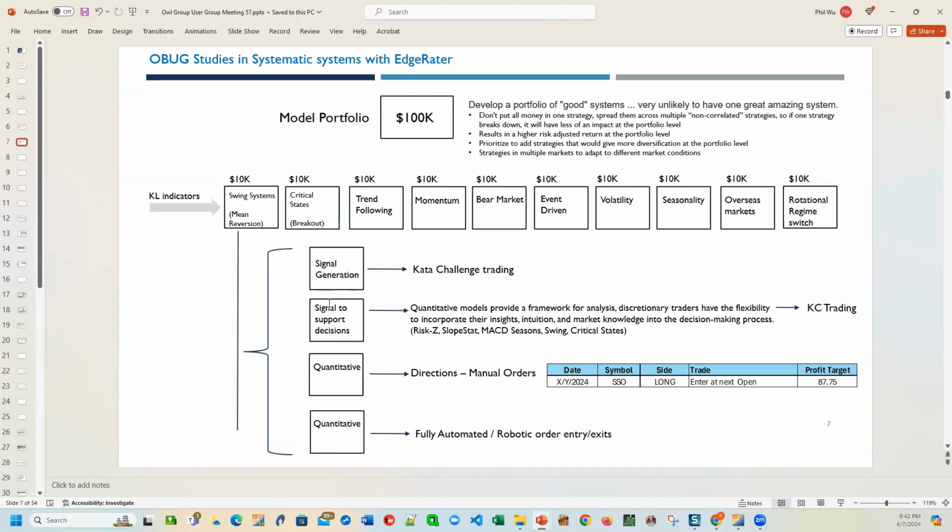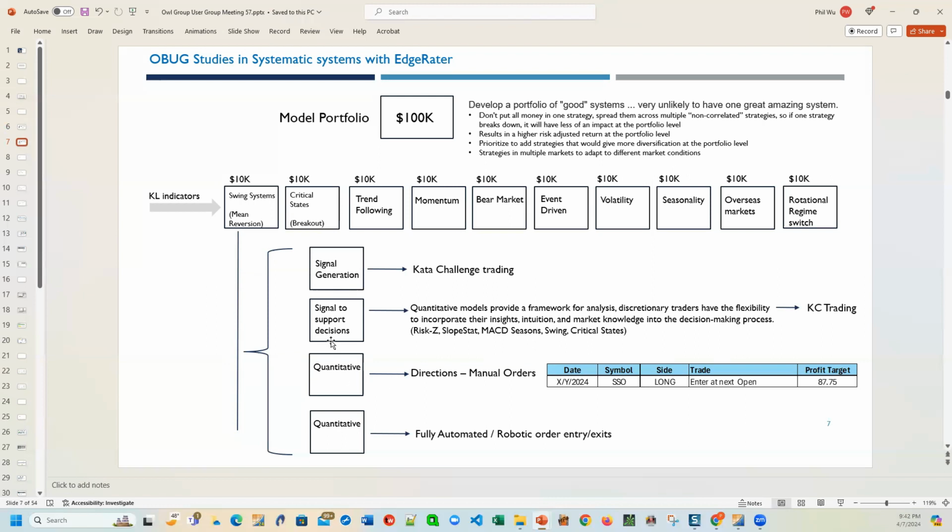Then there could be cases where we try to do more pure quantitative. So with the back testing, we include all the entry, exit, profit targets, and so forth. Here we come up with a signal, but then we would trade it manually. In other words, we submit manual orders, so it's a manual entry, but it's pure quantitative.